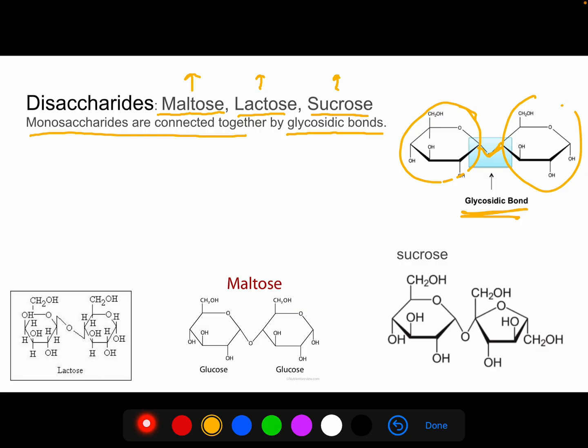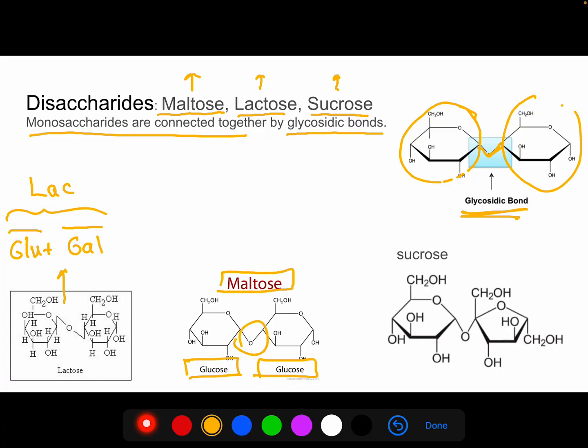So lactose. You have a glucose plus galactose. Remember, this is a monosaccharide, this is a monosaccharide. They come together to form lactose. That's a milk sugar. Maltose is two glucose connected together through a glycosidic bond, and that's present in starch.